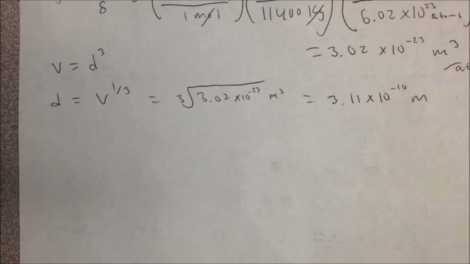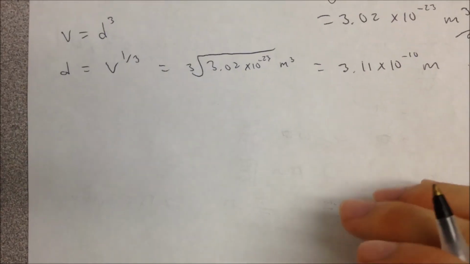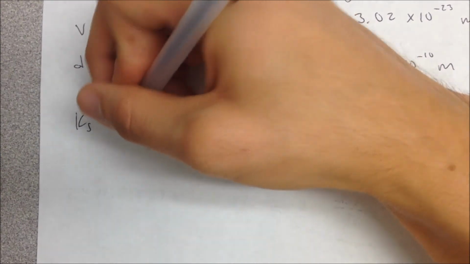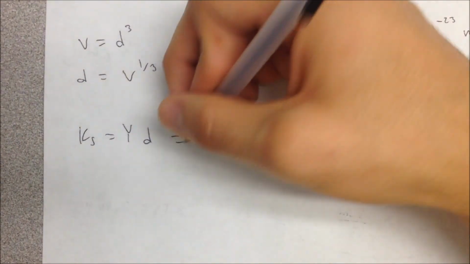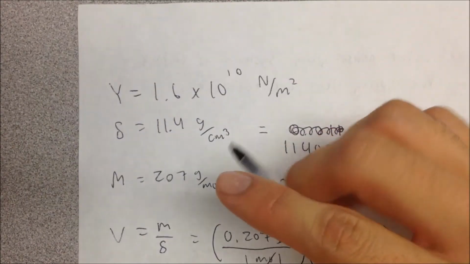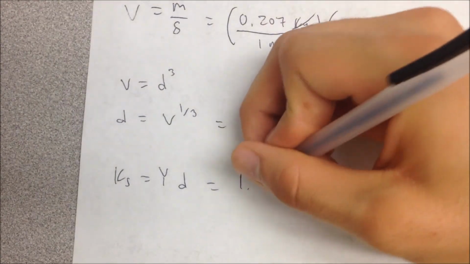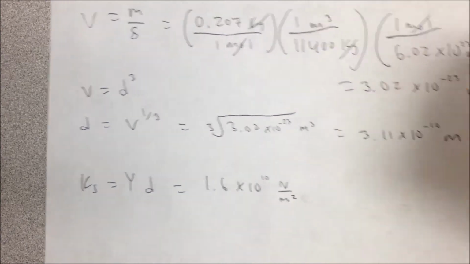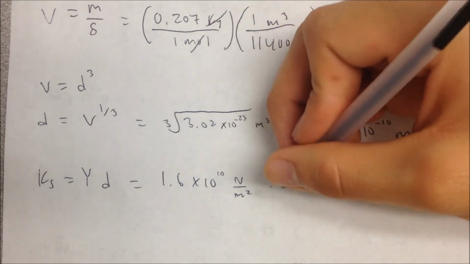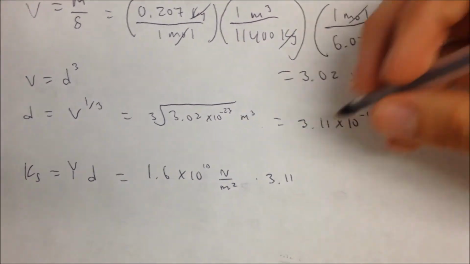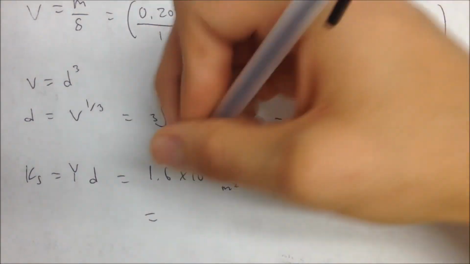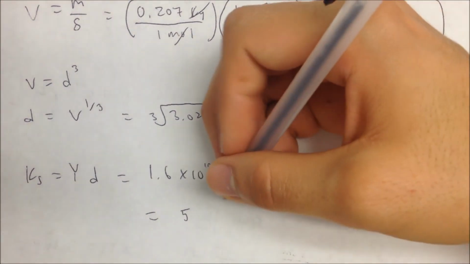Now, using the formula for Young's modulus at the micro level, the spring stiffness equals Young's modulus times d. So we use the Young's modulus given for the lead, which is 1.6 times 10 to the 10 newtons over meter squared, times d, which is 3.11 times 10 to the negative 10 meters, and this gives us 5 newtons per meter as the spring stiffness.